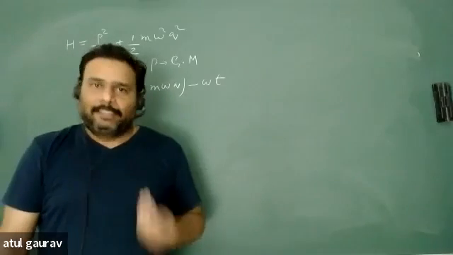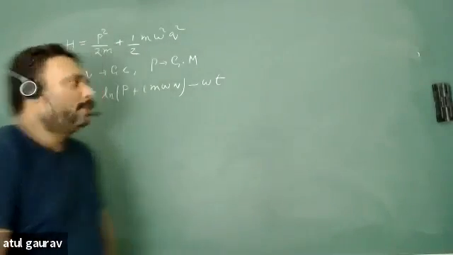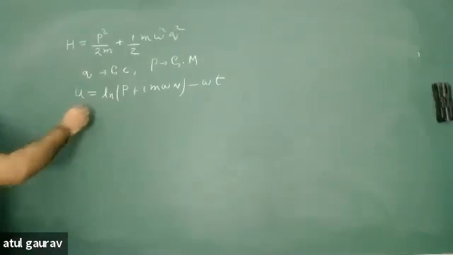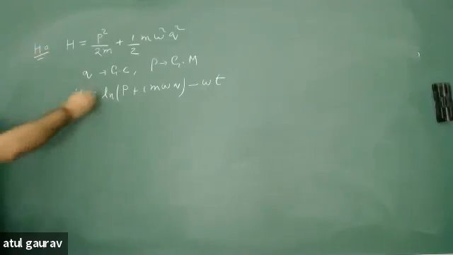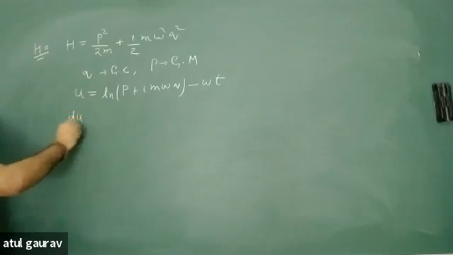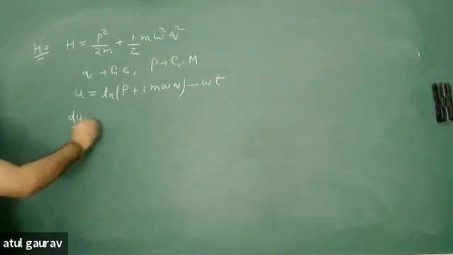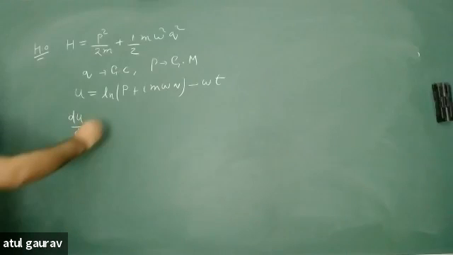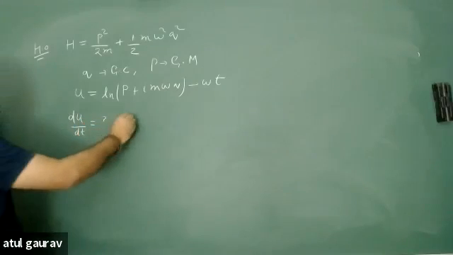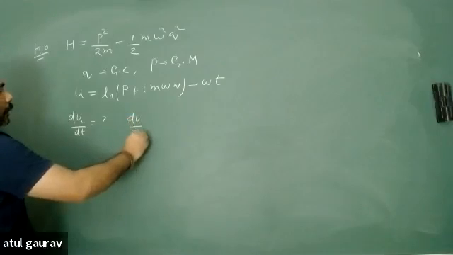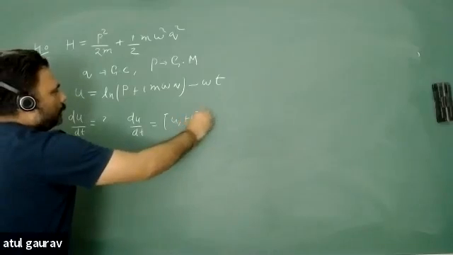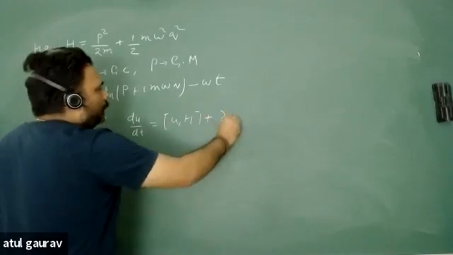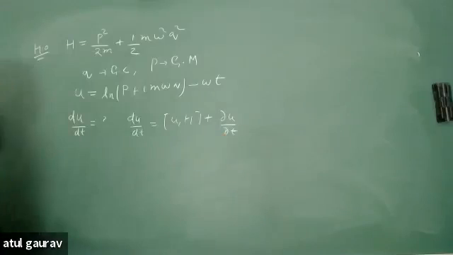But let's try to see what happens to du/dt for the harmonic oscillator under this condition. So we have to check what du/dt is. du/dt is easily written as the commutation of u with H plus ∂u/∂t.